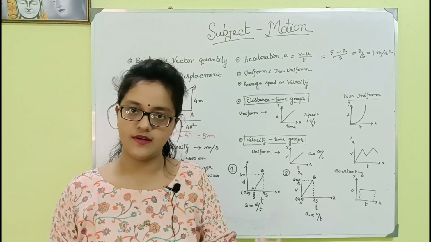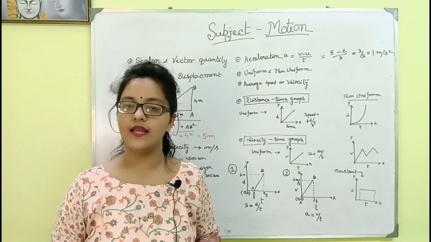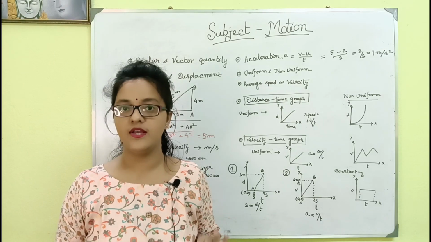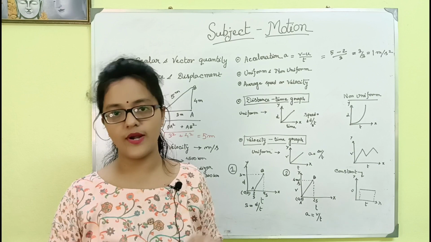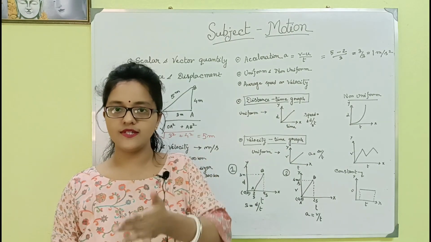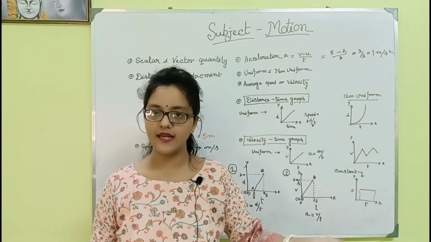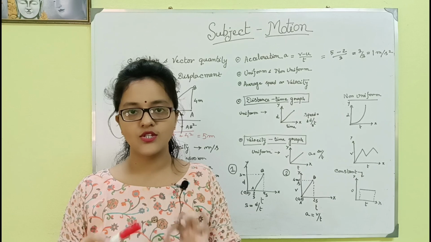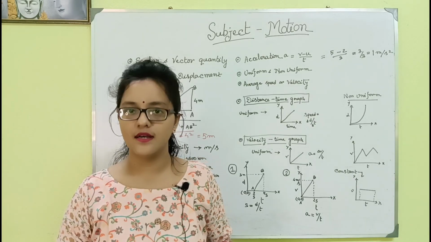Another difference is there. Distance can only be positive, but displacement can be 0, positive or negative. For example, how can it be 0? When the body travels from one position, goes to another position and then comes back to the same position, there is no difference between the initial and final position.